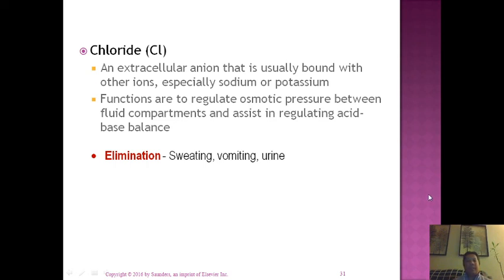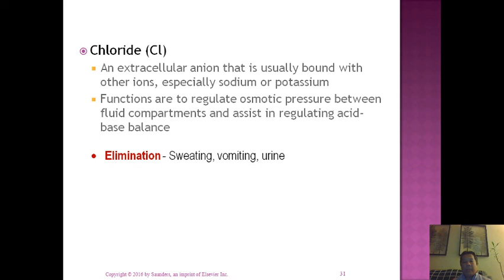Chloride is an extracellular anion. It's actually dependent mostly on sodium, and sodium and chloride are like Romeo and Juliet. They are inseparable. So you can probably deduce right now that when sodium is low, most likely you will see a low chloride level as well.